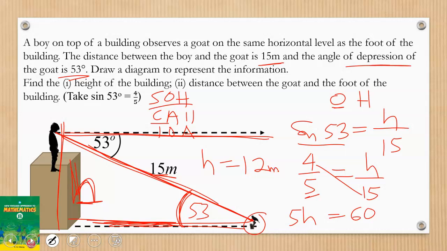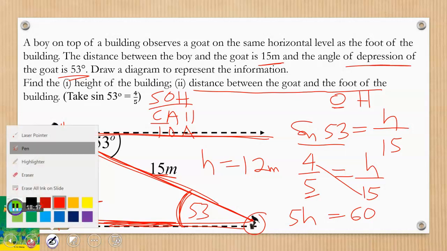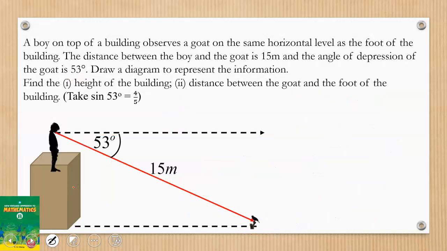Then we want to find the distance between the goat and the foot of the building. Okay, so let me clean this one. We want to find the whole distance, so let me call it distance D, from the foot of the building to where the object is. And once again, we know here is 53.